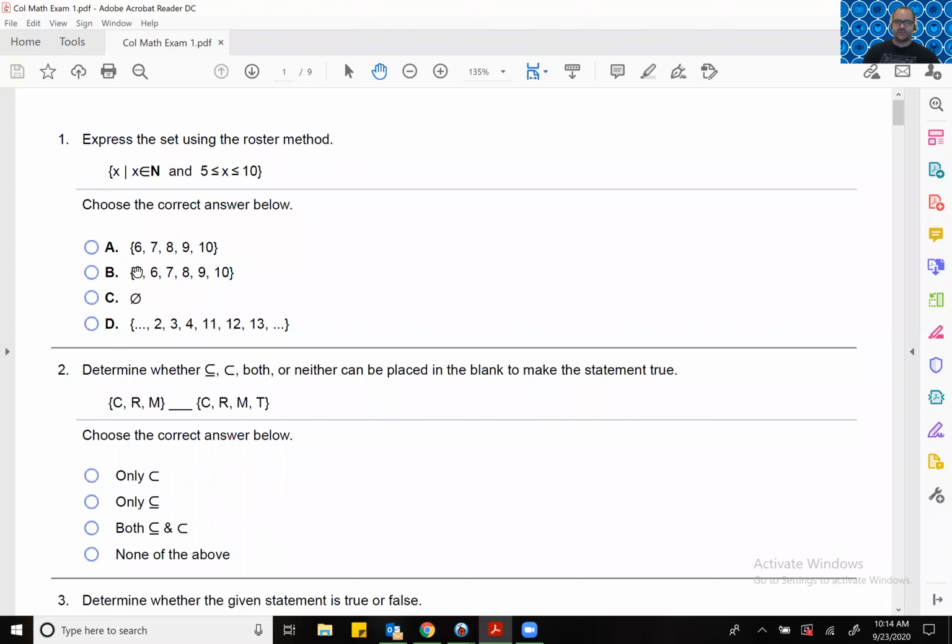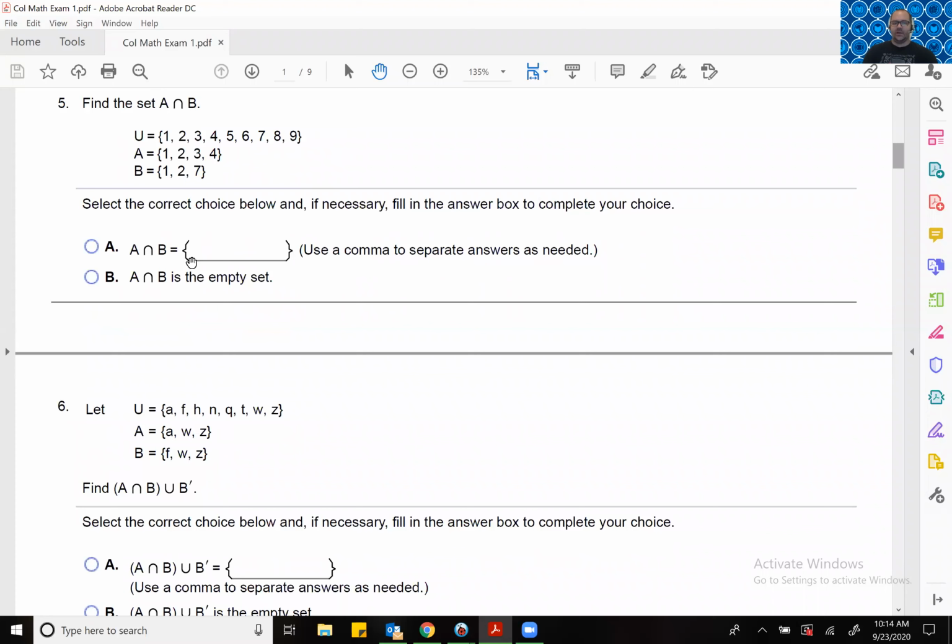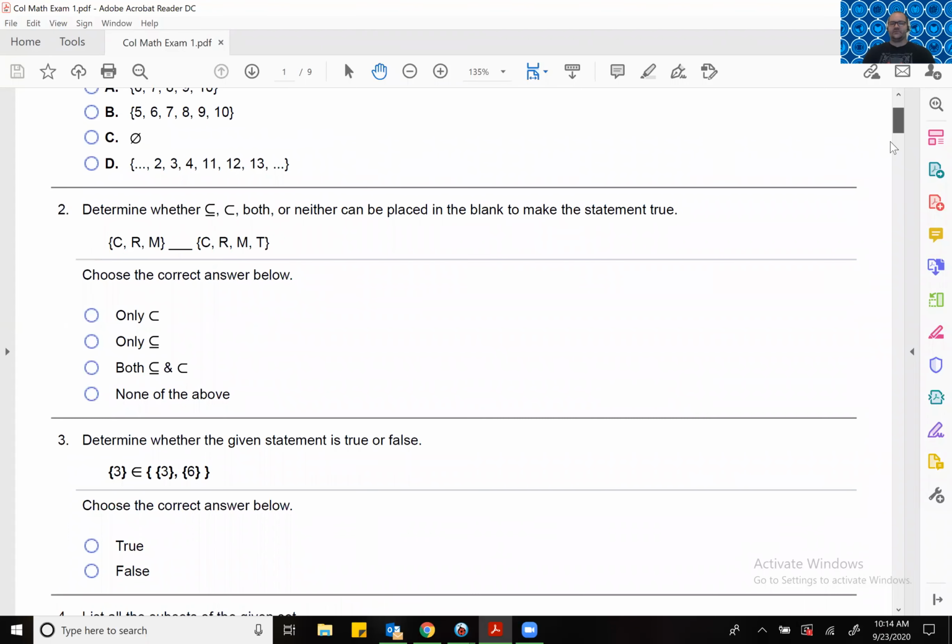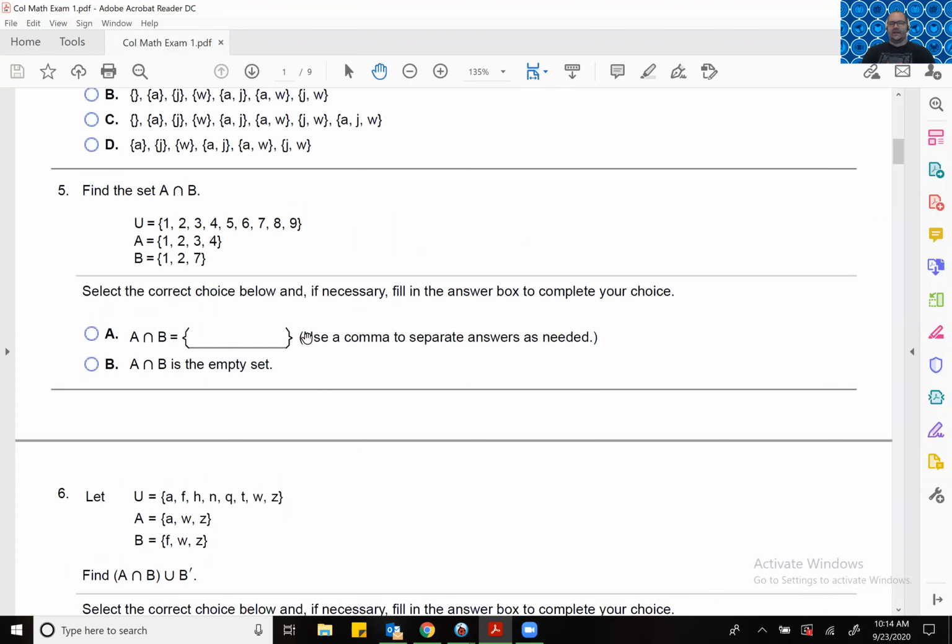Some are multiple choice. Some will be filling in the blanks. So if it's a fill in the blank one, read that special information on how to write things up. You're going to be putting numbers and separating them by a comma. Make sure that you pay attention to how you should be writing your answers up.